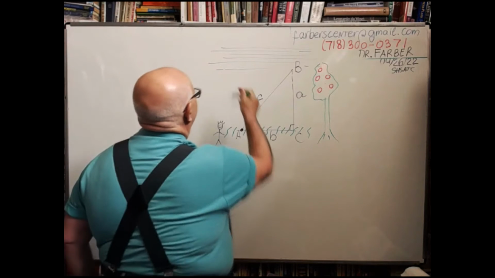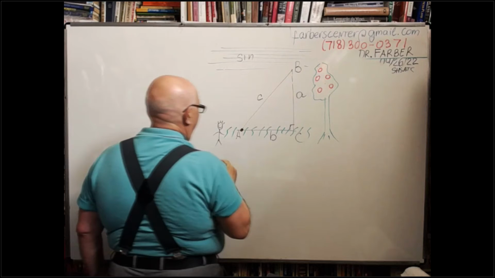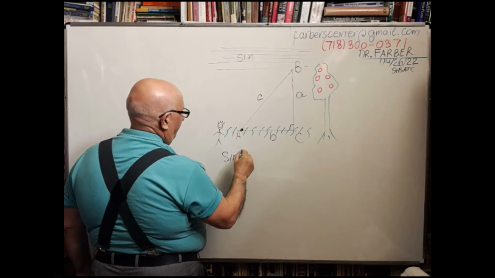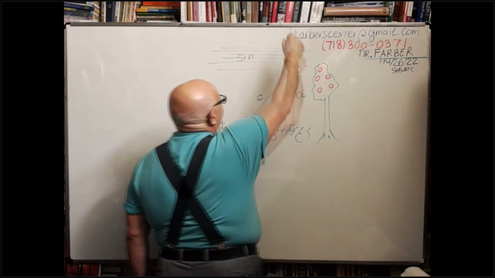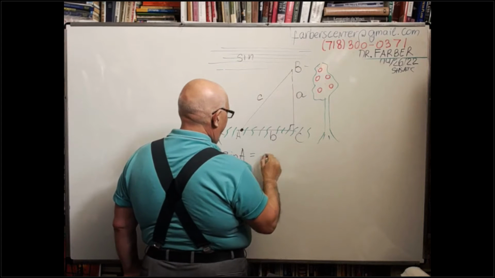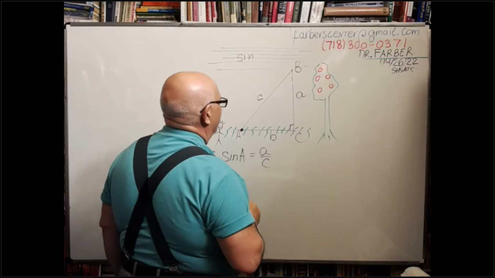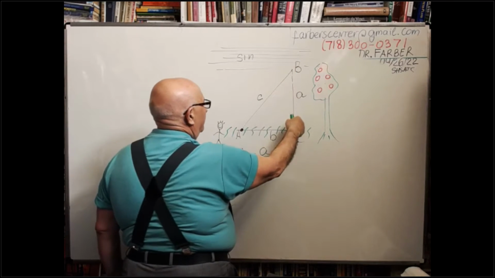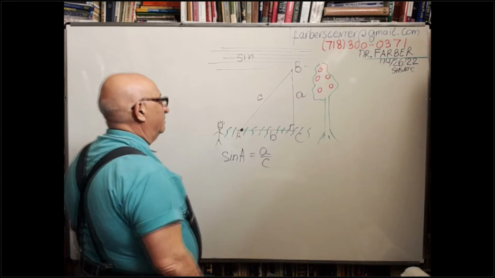So we name it sine of angle A. You see the side goes to this синяя, to this blue sky, equals A to C. This ratio, this side which is opposite of this angle to this long side, we name sine.